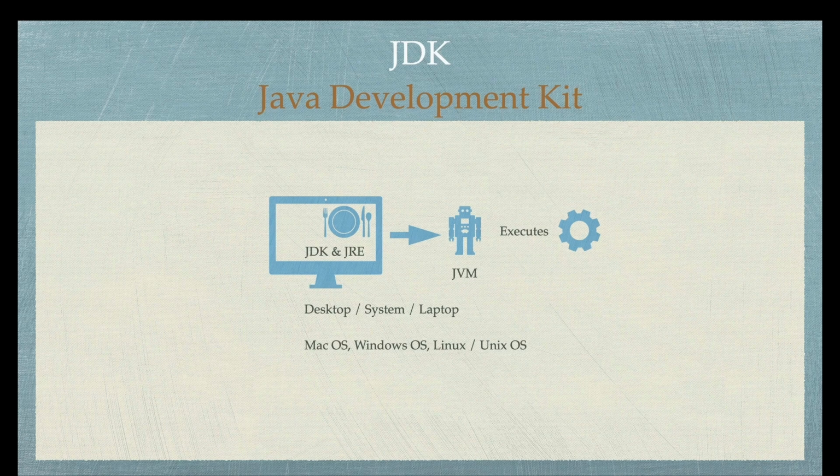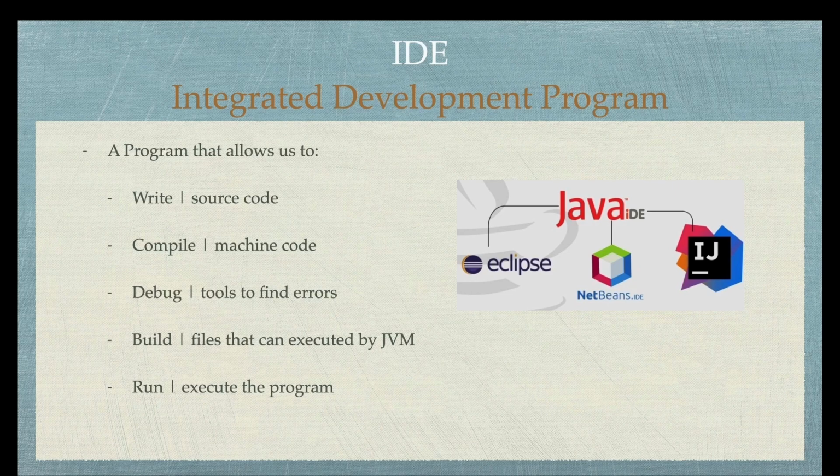Okay, next is the integrated development environment. An IDE is a software program that runs on your desktop, which allows us to write source code, compile it into machine code, and debug. It also has a set of debug tools to find errors. It has build tools that produce files that can be executed on the JVM, and it can help run or execute the program.